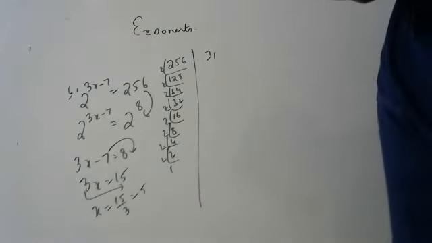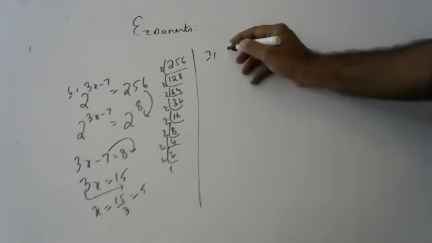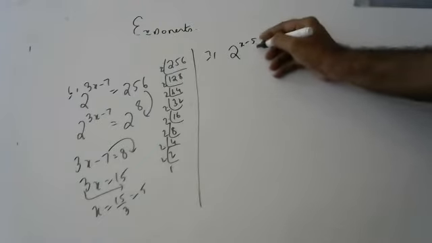Next question. Okay, children, like this, one more question. Next question is 2 to the power of x minus 5 is 256.